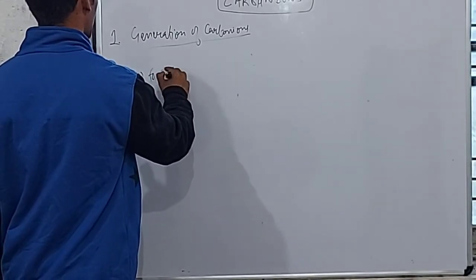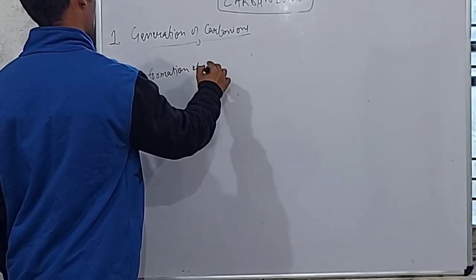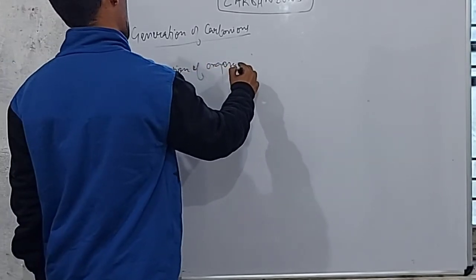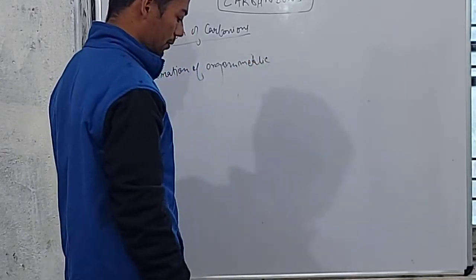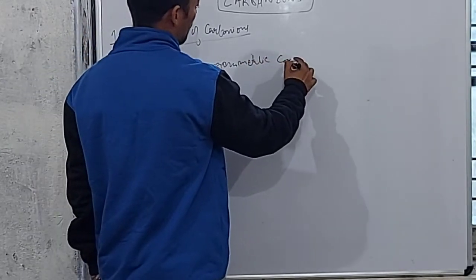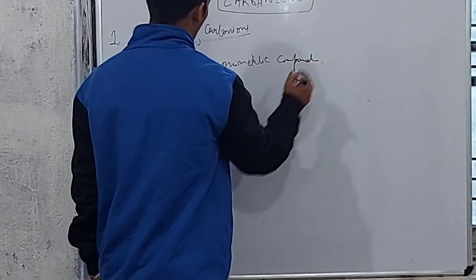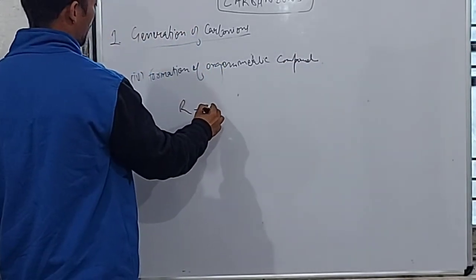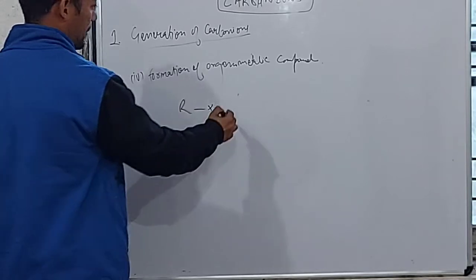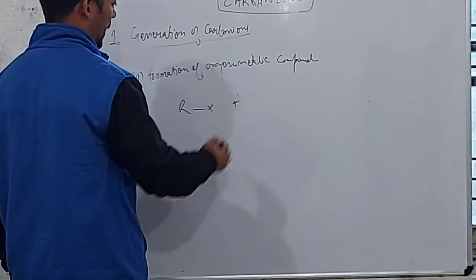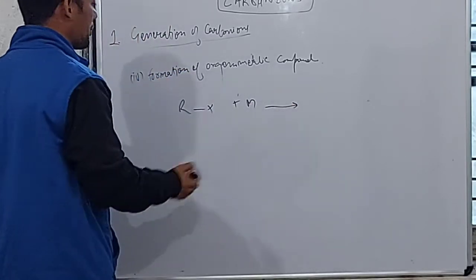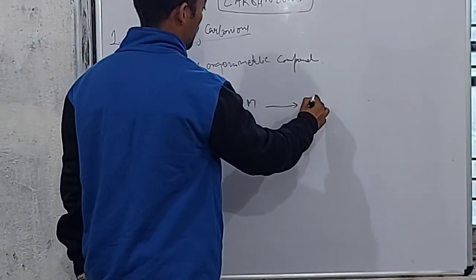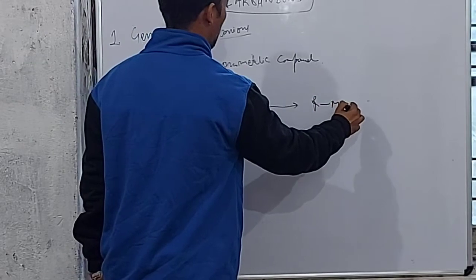Our next method is formation of organometallic compounds. For example, we have an alkyl halide and we take a metal, for example M. In the product we will get RMX.